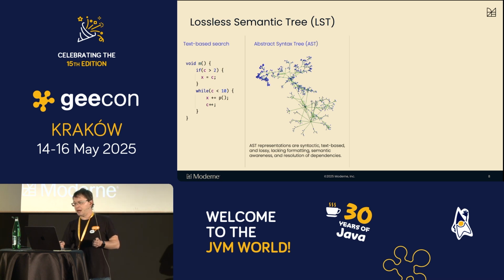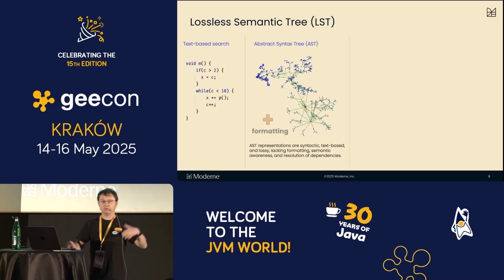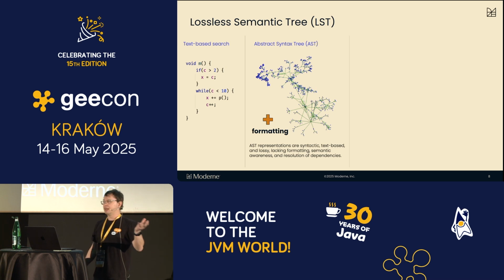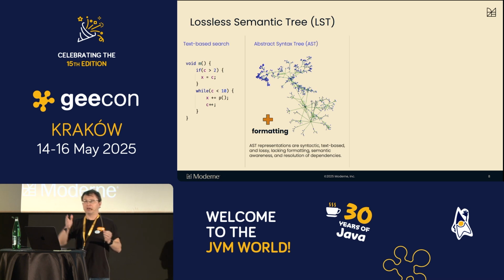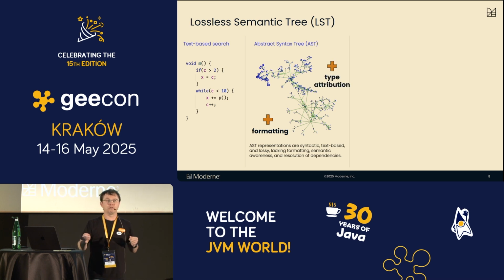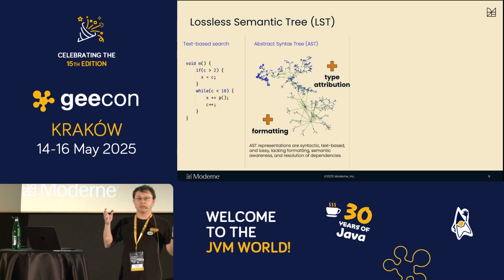So what we decided to do is add to the LST tree metadata that preserves all formatting, all spaces, all comments, all new lines, all code structure, and also adds information about the types used in this code base.